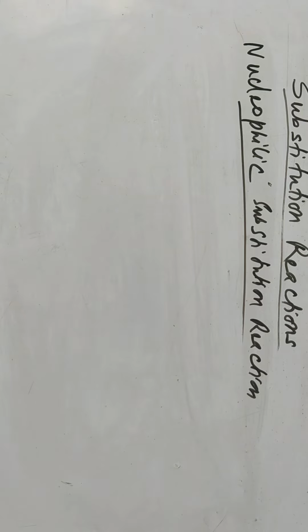That's why vinyl and aryl halides do not undergo this nucleophilic substitution reaction very easily. So that is about it for today. Next class we'll go into more detail about SN1 and SN2, and how they occur.